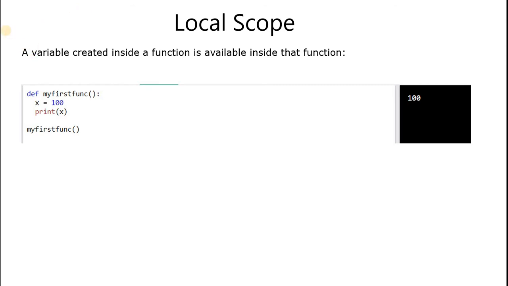Okay, so guys, this is the general syntax for creating a function in Python. So def, this is the syntax. You can use def followed by any name. I have used my first function, and after that there is a colon, and we have x is equal to 100 and print x, right? Let me open a notepad for you.